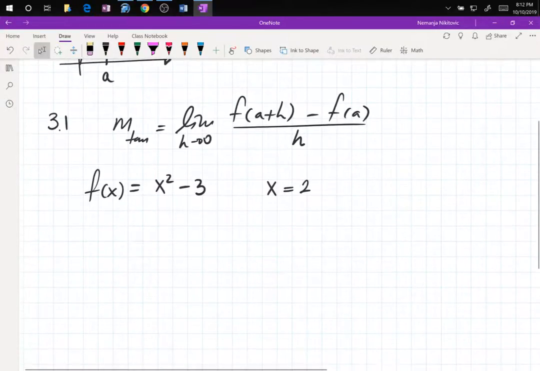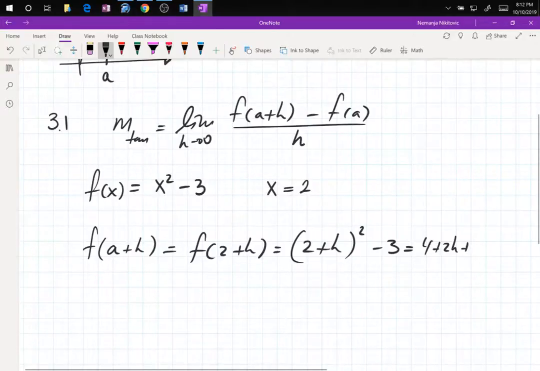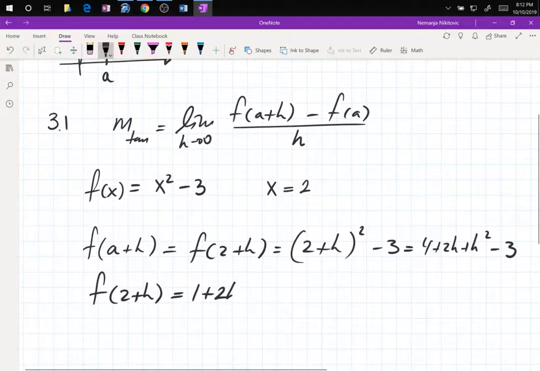Well, in 3.1, which could be featured obviously on your exam, you create f of a plus h, in our case f of 2 plus h, which would be 2 plus h squared minus 3, which is 4 plus 2h plus h squared minus 3, and f of 2 plus h is going to be 1 plus 2h plus h squared.